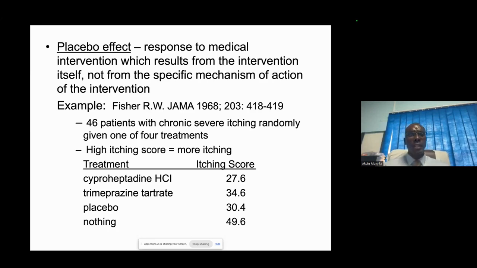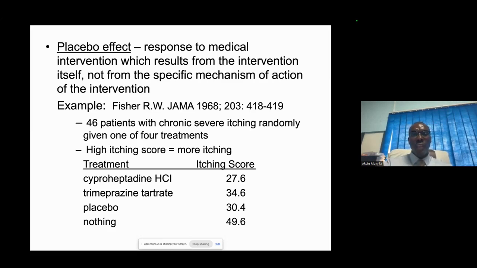And there are very, very various examples that are given in literature. This is one of them, which was published some time ago, where you have 46 patients with chronic severe itching, randomly given one of the 4 treatments, and they can then have an itching score, and the treatment is given there, and they can be scored.